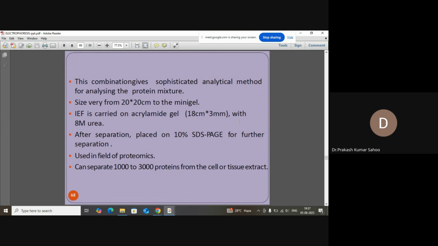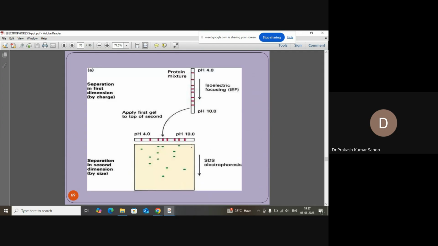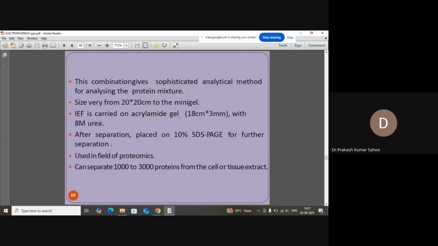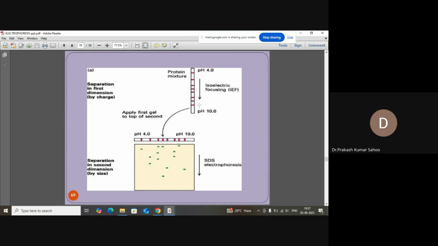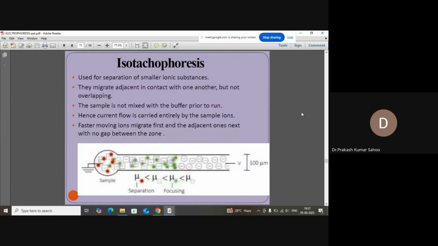After separation, it is placed on 10% SDS gel for further separation. Used in the field of proteomics, it can separate 1000 to 2000 proteins from the cell or tissue extract. So this is how your two-dimensional electrophoresis is made, where the pH is from 4.0 to 10.0 and the protein gets separated.